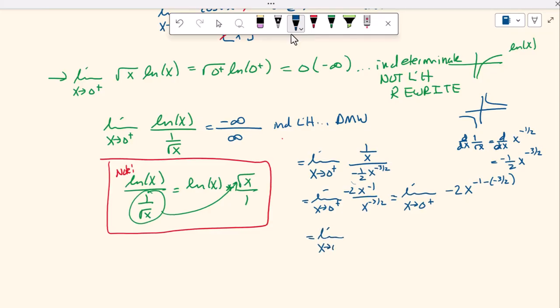The limit as x approaches 0 from the right of -2x to the -1 plus 3/2 is a positive 1/2. Now as we take that limit and plug 0 directly in, I get 0 back out. The square root of 0 is 0. 0 times -2 is 0.